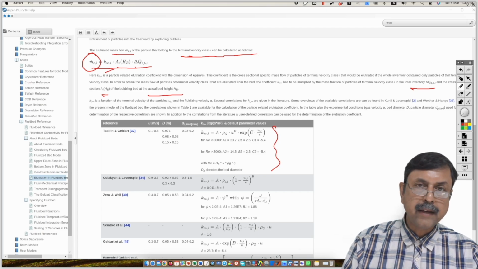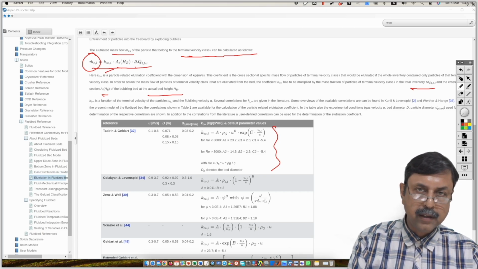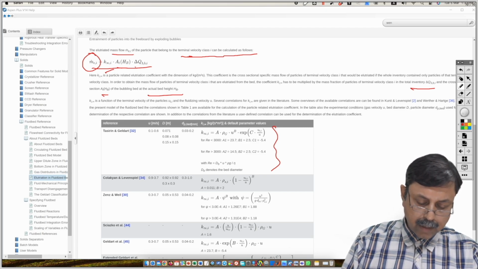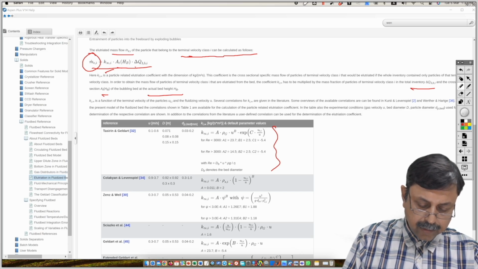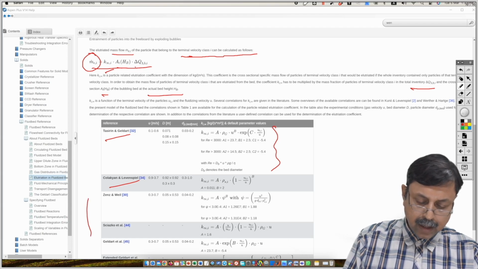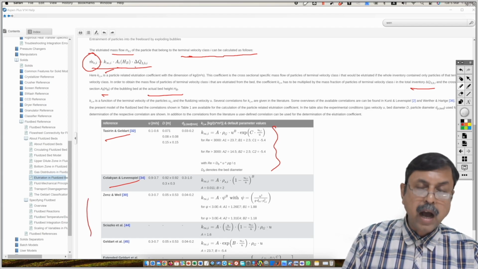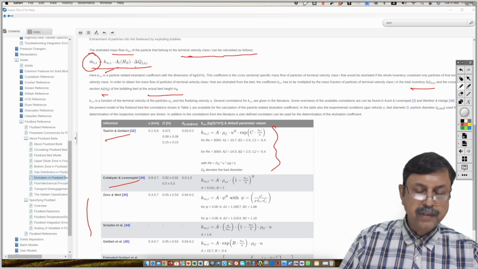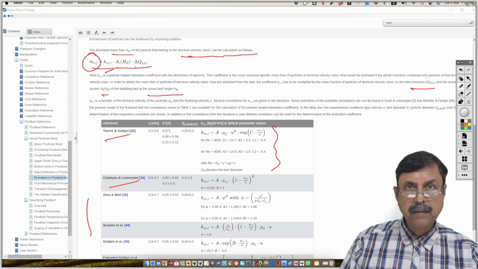Now all the 6 correlations that you have seen a couple of minutes back, that is Tasirin and Geldart, Colakian and Levenspiel, etc. How they have been used and how to select them, some criteria has been mentioned over here.